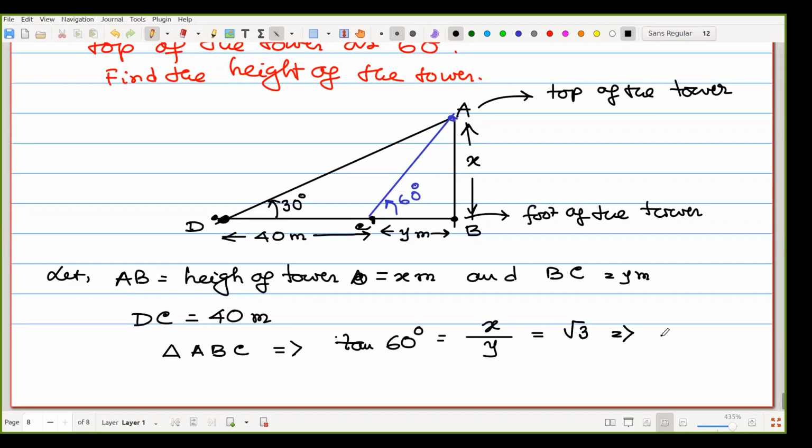So we can write √3 of Y as X. We need that later.